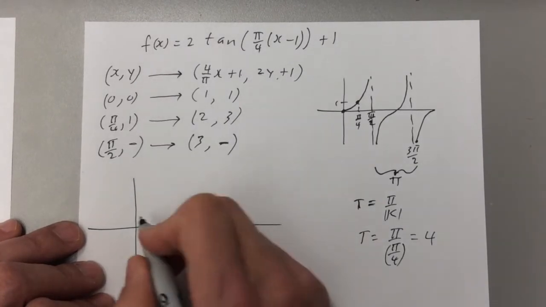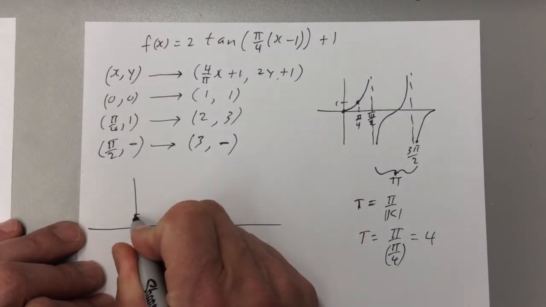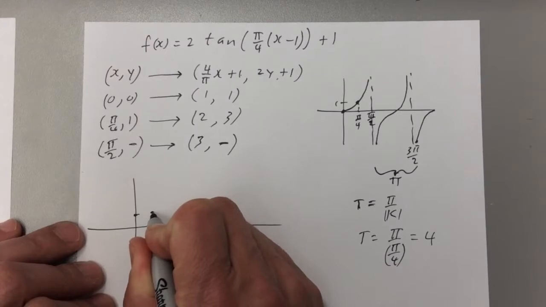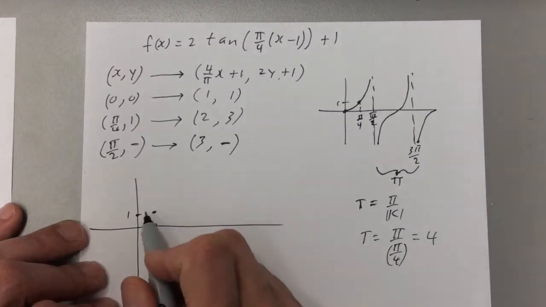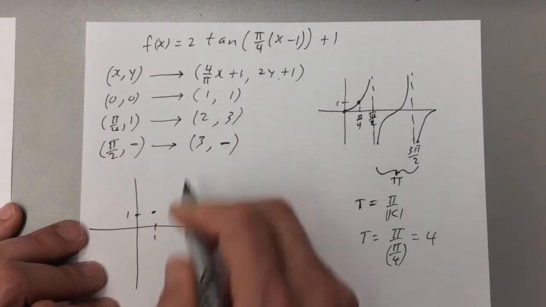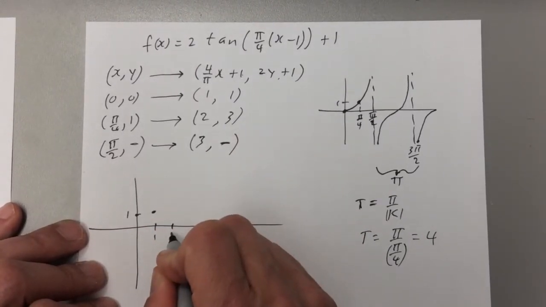Okay, so first point we're going to plot is 1, 1. And the next point we're going to plot is 2, 3.